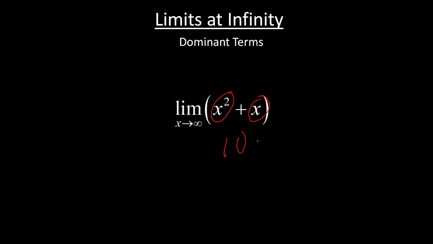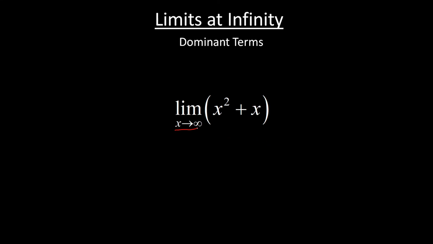Now 1,000 squared, x squared, is 1,000 times larger than this, which is at 1,000. However, let's say we go to 1,000,000. If we plug in 1,000,000, then x squared will be 1,000,000 times larger than x. And if we plugged in 1,000,000,000,000, x squared would be 1,000,000,000,000 times larger than x.